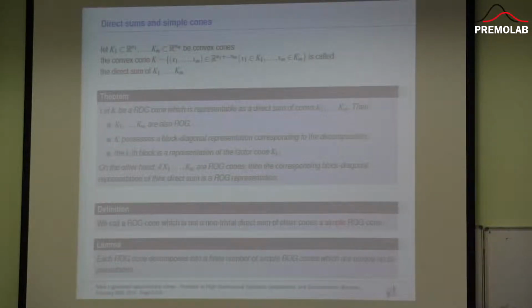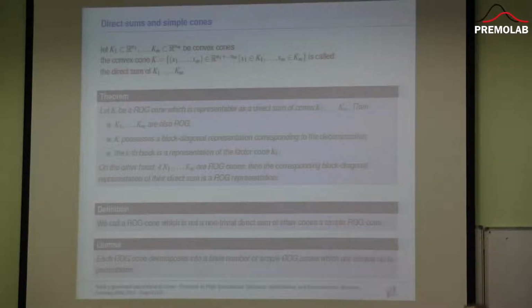Okay, so now we pass to an attempt to classify these rank 1 generated cones. The first thing that one can attempt is to define what is a simple cone. In the theory of, for instance, Lie algebras or Jordan algebras, an object is simple if it cannot be decomposed as a direct product of smaller objects.